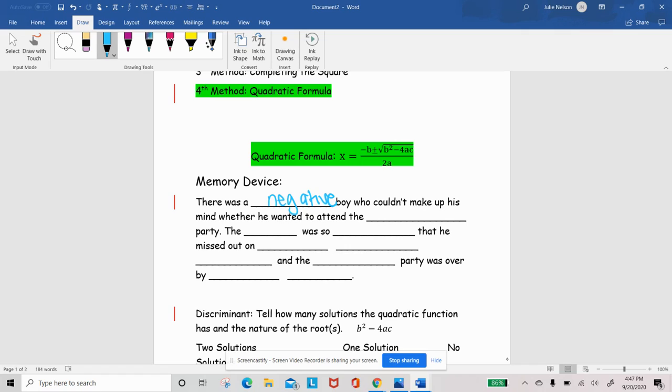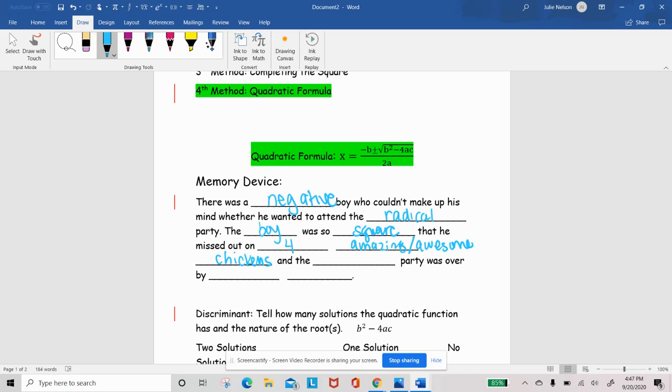See the negative b? There once was a negative boy who couldn't make up his mind whether he wanted to attend, and then you see the radical sign, so the radical party. The boy was so squared, because you see it's b squared, that he missed out on 4 amazing, or you can say awesome, either one, chickens.